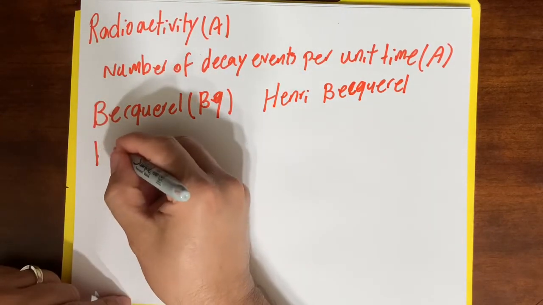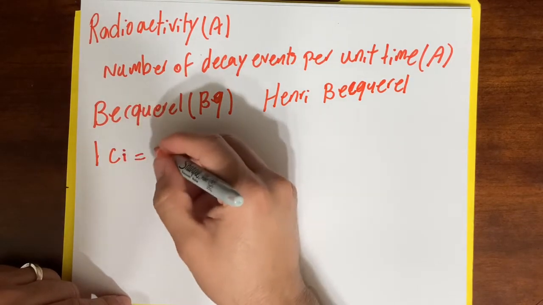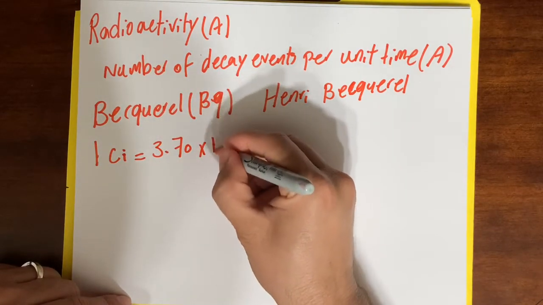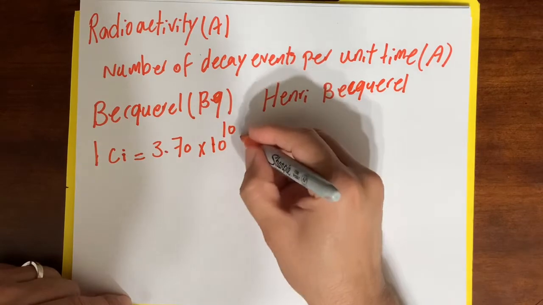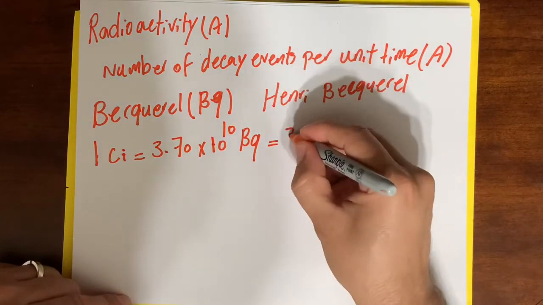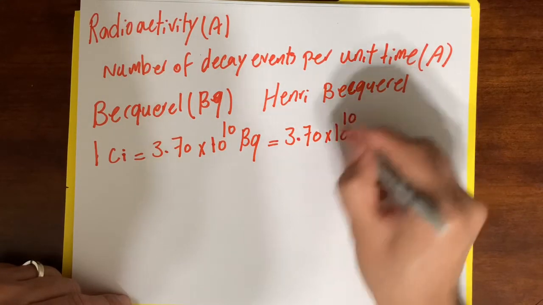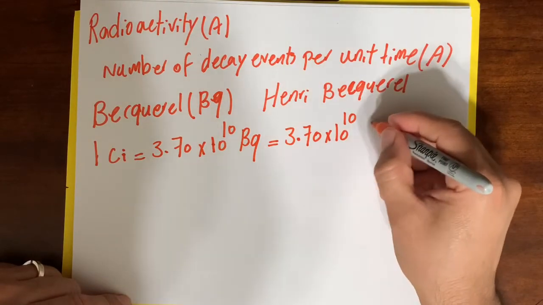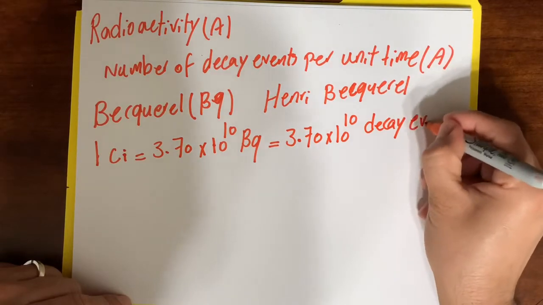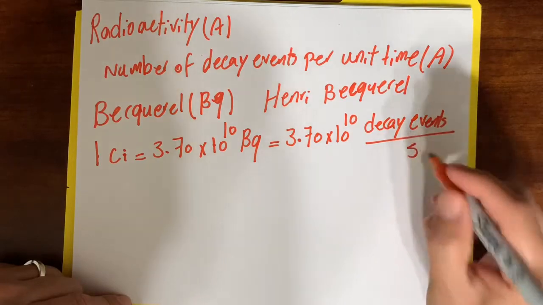one curie. I'm going to talk about this one. 1 curie is equal to 3.70 multiply 10 to the power of 10 becquerel, and this one is equal to 3.70 multiply 10 to the power of 10, and here the unit is going to be decay event per second.